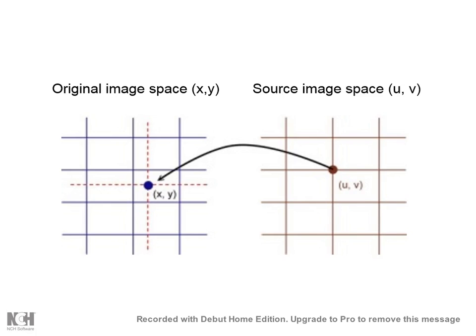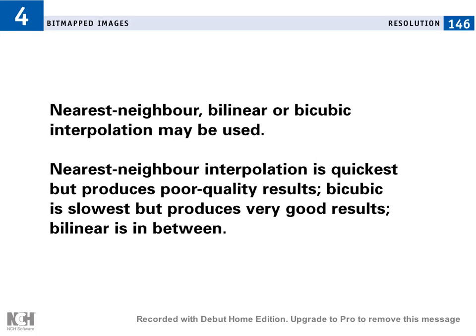It's the same idea: we calculate the distance to the pixels, but here we apply a higher order interpolation polynomial to interpolate the color value of xy. So nearest neighbor is very simple but produces a poor result, and bicubic is slower but produces a very good result.